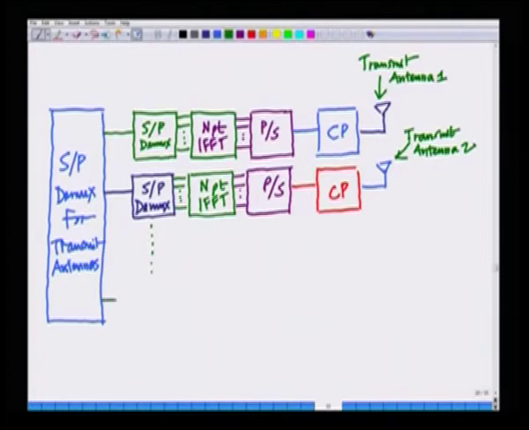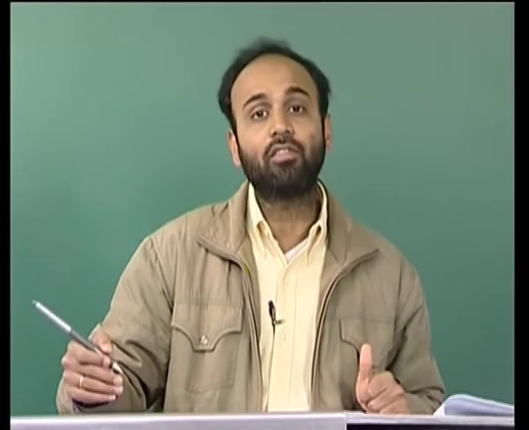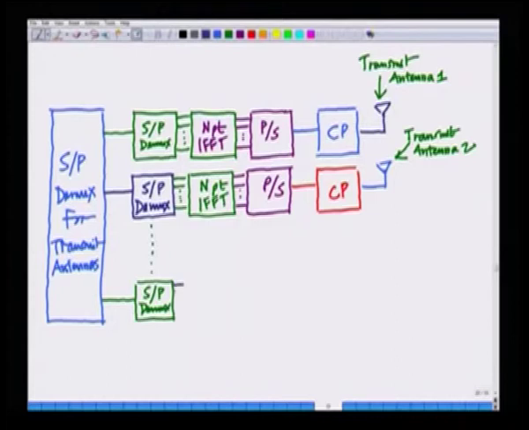So, at the Tth transmit antenna, I again have a serial to parallel demultiplexing operation, followed by a block of N symbols which are loaded onto the N subcarriers, on which I have to do an IFFT at the Tth transmit antenna, followed by the N-point IFFT at the Tth transmit antenna.